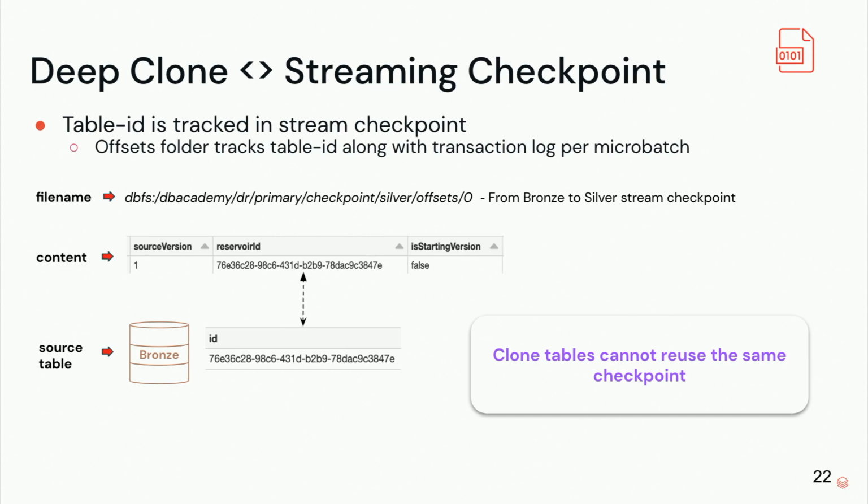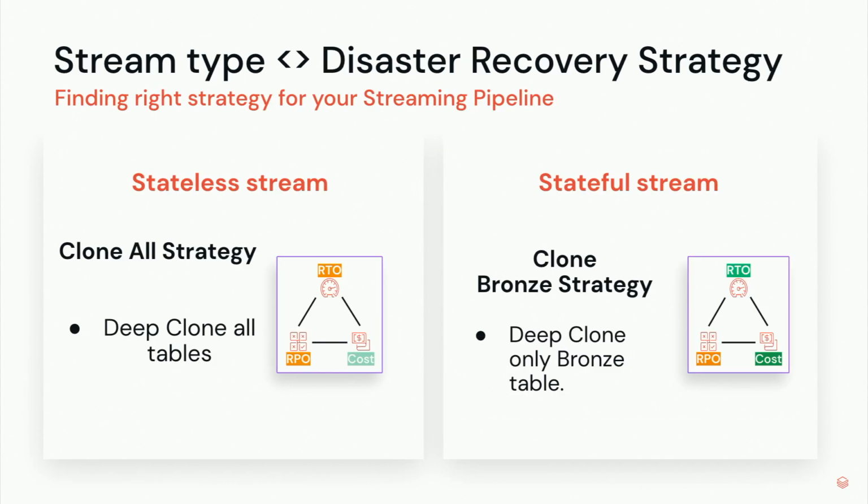So to summarize, in the broader category of streaming apps, you have stateless streams and stateful streams. With stateless streams, the assumption is you are not using any stateful operators in your applications.